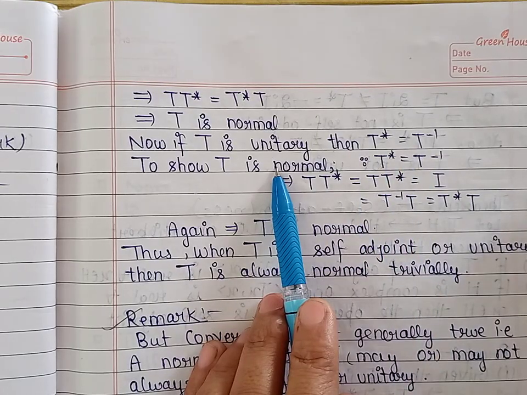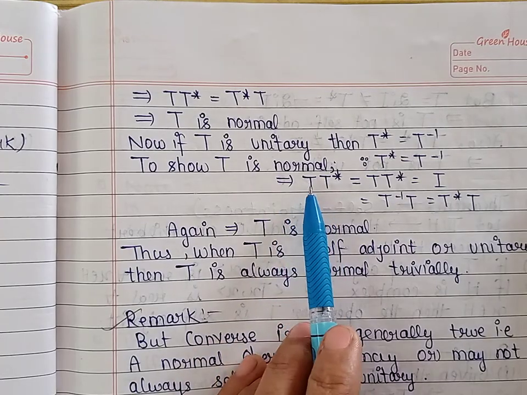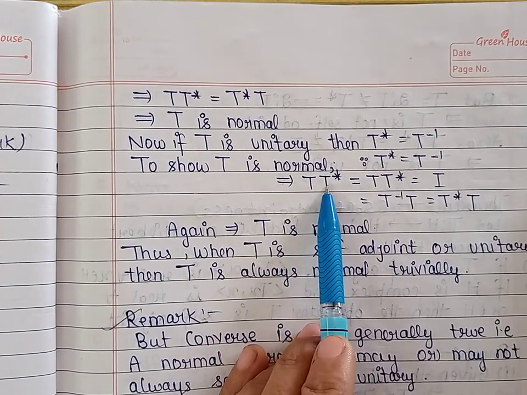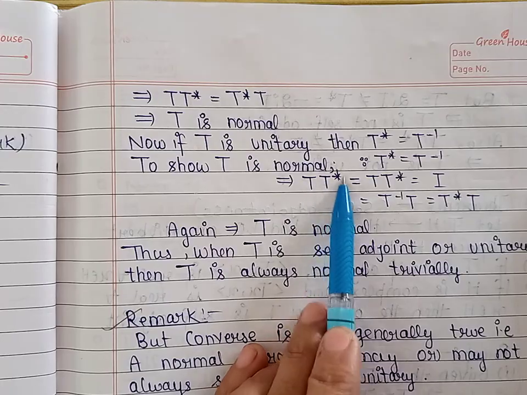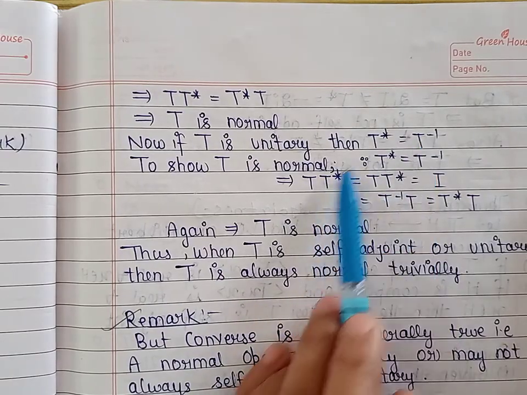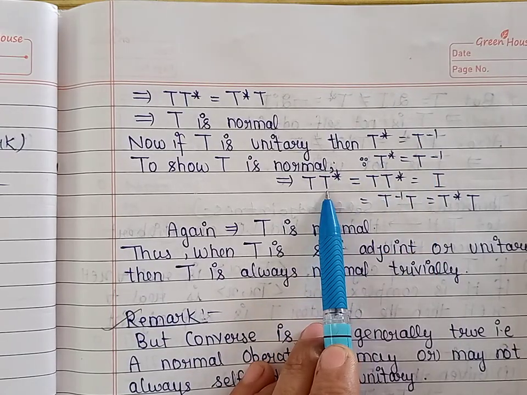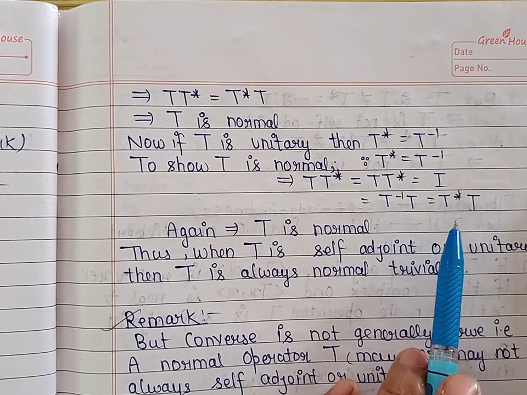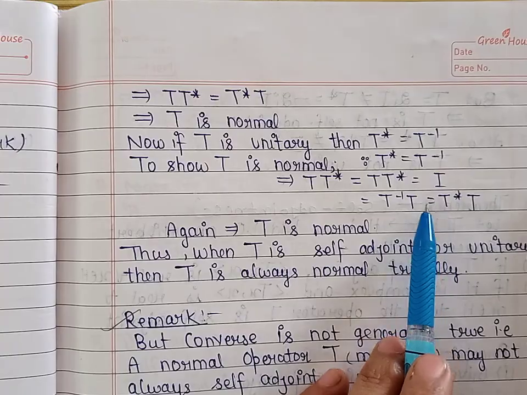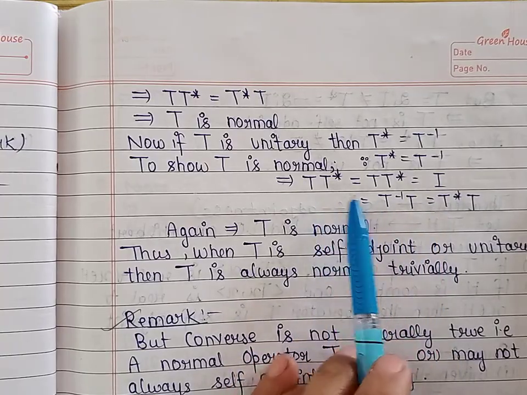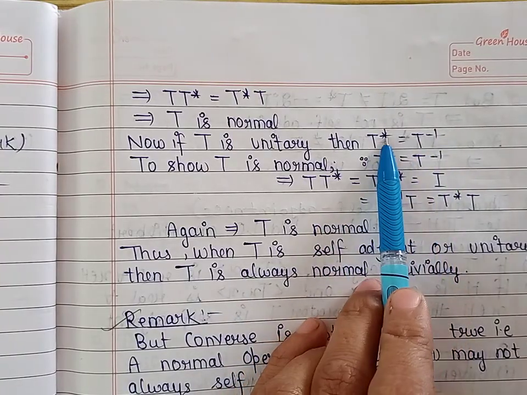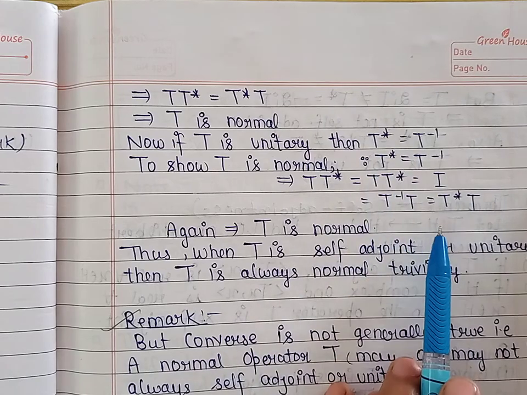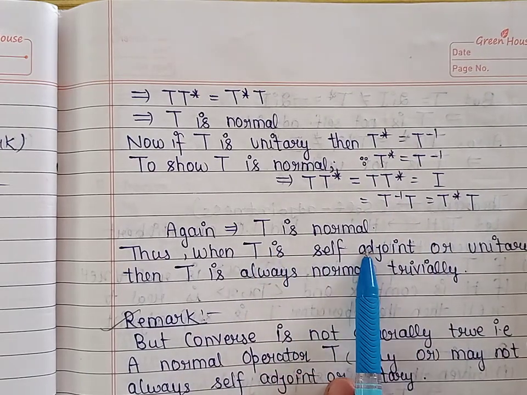It means T T star is equal to T star T. Now let us consider T into T star. Because T star is equal to T inverse, this will become T into T inverse, so that will be identity. In the same way, if we consider T star T, then that will also be identity by using this property. So this proves that T is normal.